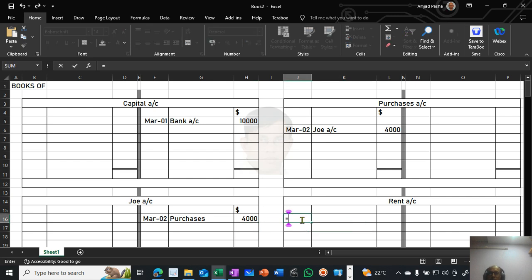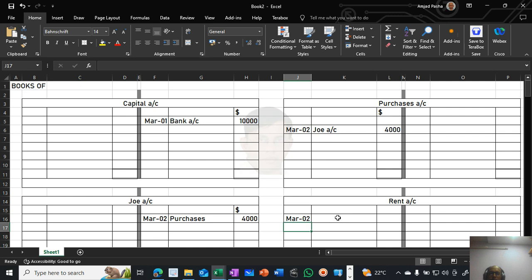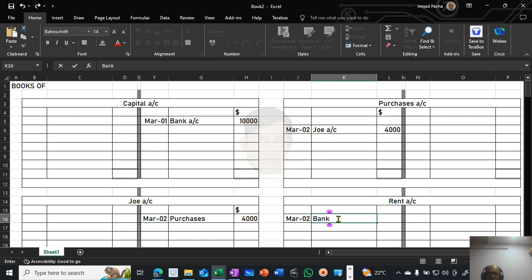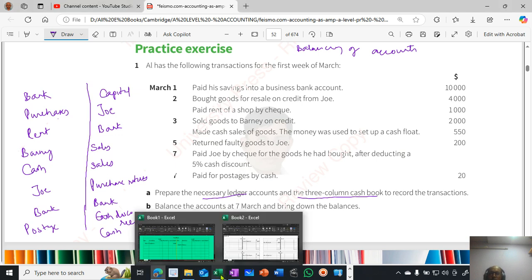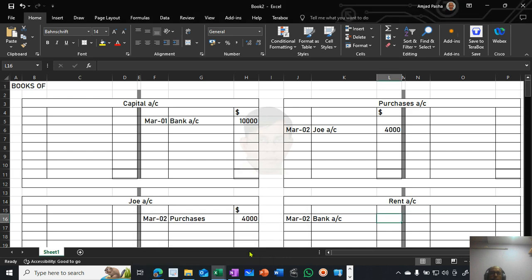By check means bank account. What is the amount? The amount is 1,000. So the entry is complete.